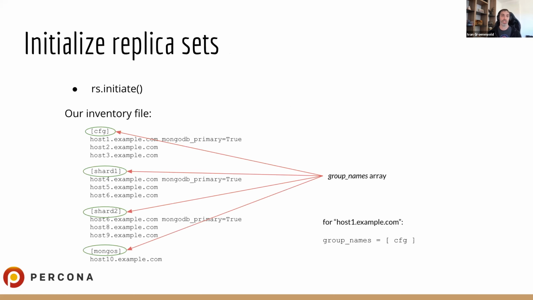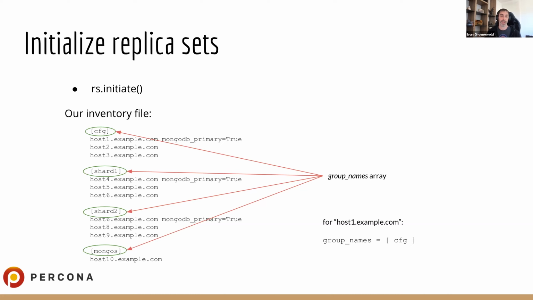Before discussing how to initialize the replica set, that, as you know, is done with the rs.initiate command, let's review our inventory file one more time. Here I highlighted a few things that I wanted to mention because it will become handy for the initialization later. And remember that we have decided that each group will have the name of the shard, okay, and the list of servers, and whether it's a config file or a shard.